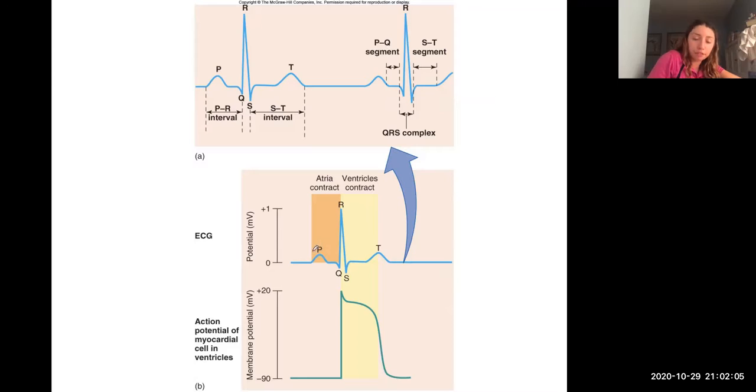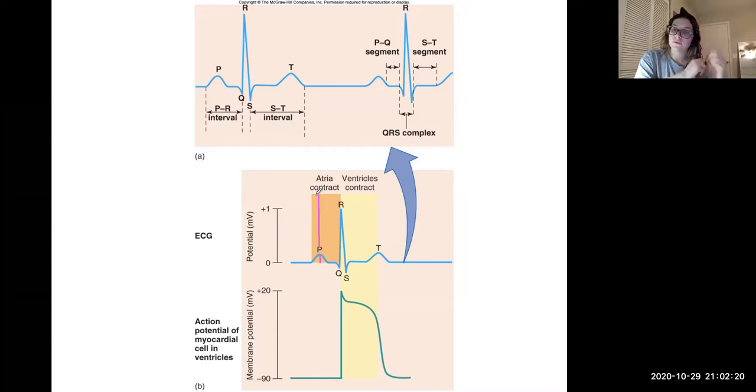So the P wave: once the cells start to depolarize via the SA node, about halfway through, that's when the atria will start to contract, but not before that.